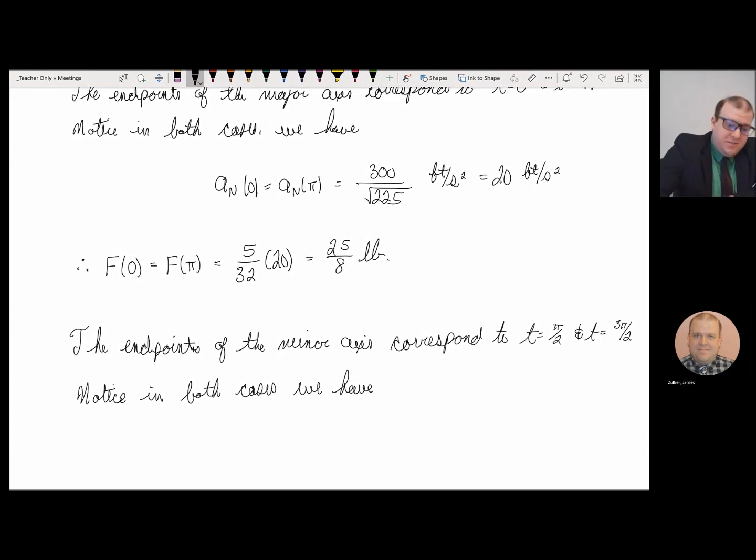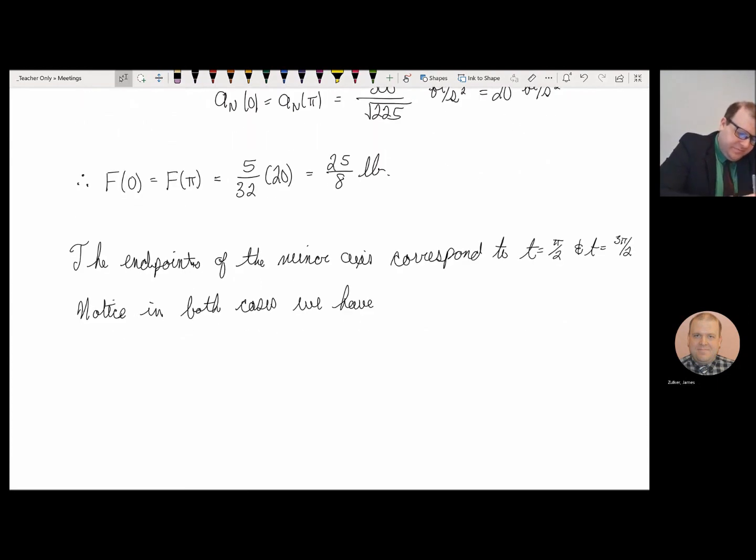Similar argument shows that the centripetal acceleration at those two endpoints is also going to be identical, right?